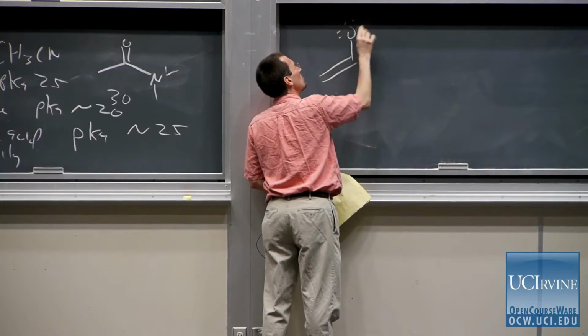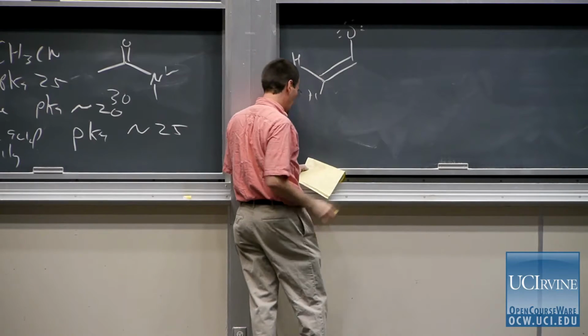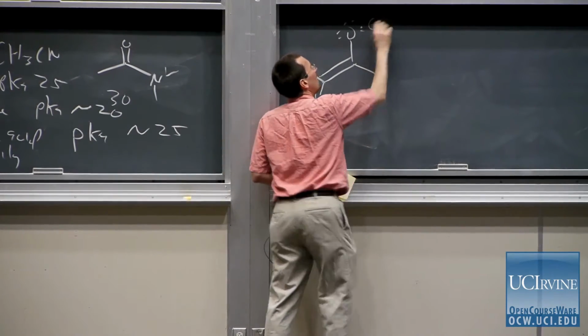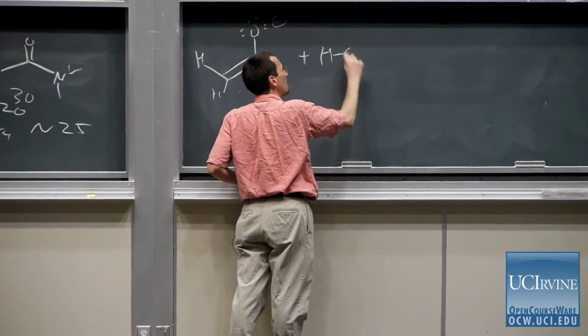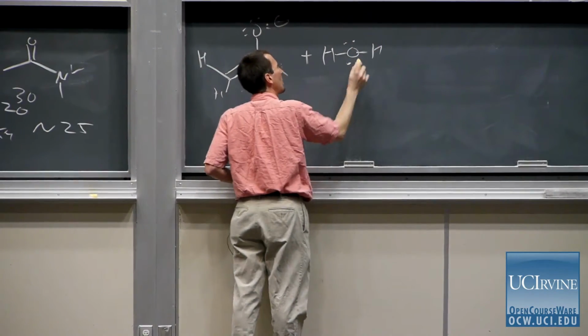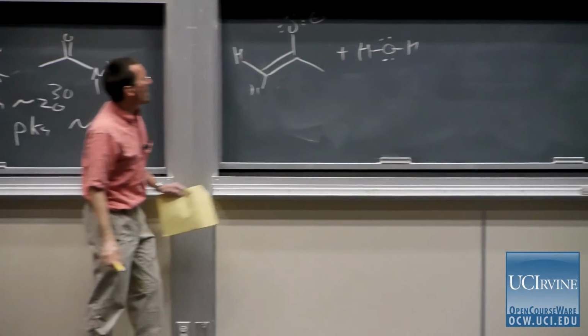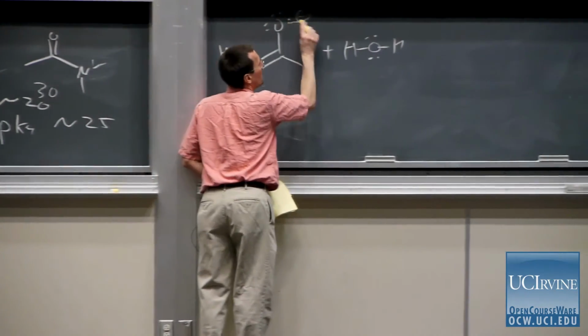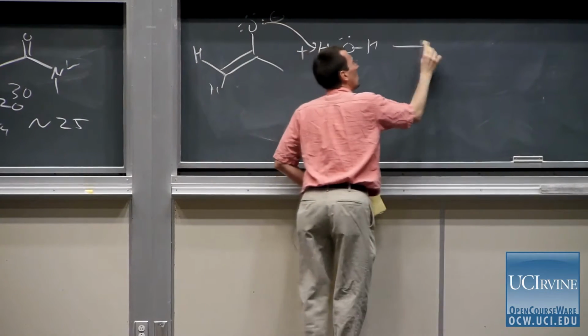In other words, you generate a little bit of enolate, but you don't generate the enolate quantitatively. If we protonate back on carbon, we're headed back to the start of the reaction. If you protonate on oxygen, on the other hand, now we've proceeded on to the enol.